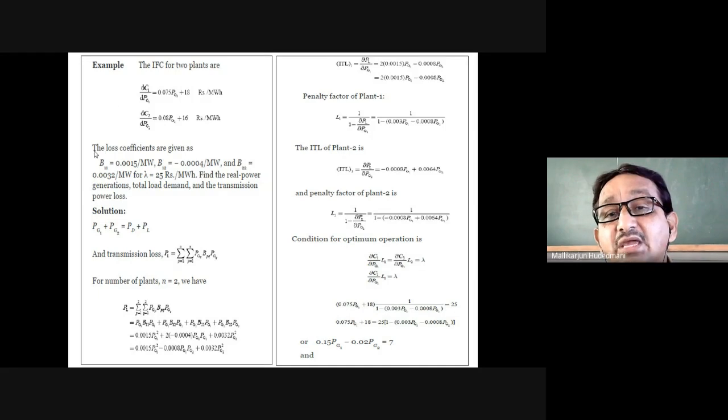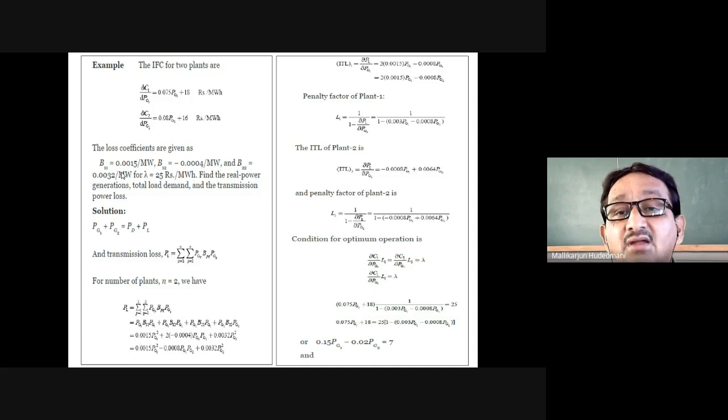When you see a B coefficient, surely you must come across what kind of problem this is. It is a problem based on penalty factor. Whenever you want to schedule several generators for economic operation, when the transmission line losses are mentioned, if and only if the incremental production cost and penalty factor of that plant must be the same for every participating generator.